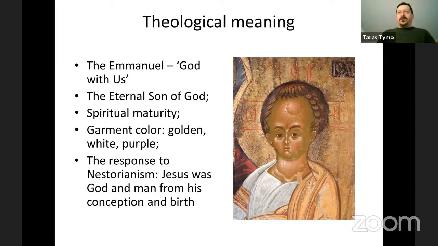Historically speaking, this iconography, this emphasis on the eternal wisdom of the Word of God dwelling in this young child, is a response to one of the early Christian heresies called Nestorianism, that denied that Jesus was the divine Son, and this heresy viewed Jesus as simply a human baby, a human child that eventually grew up, and only when he was 30 years old, at the event of his baptism, he was joined to the divine spirit and became Messiah.